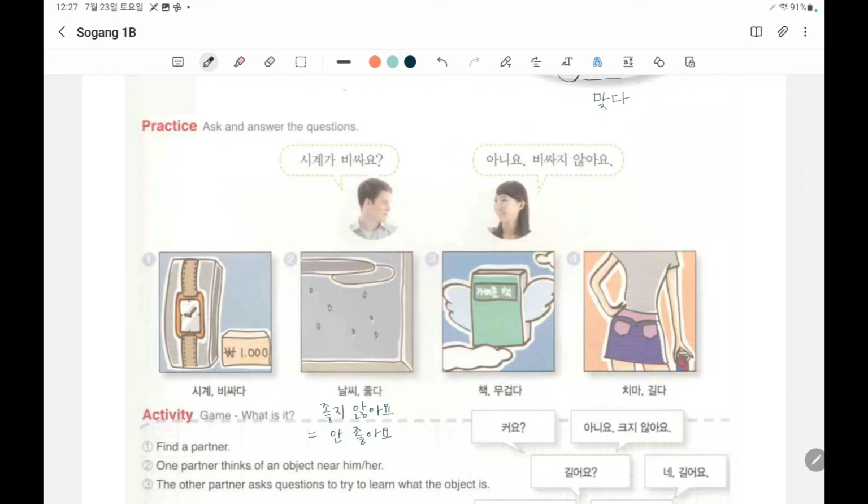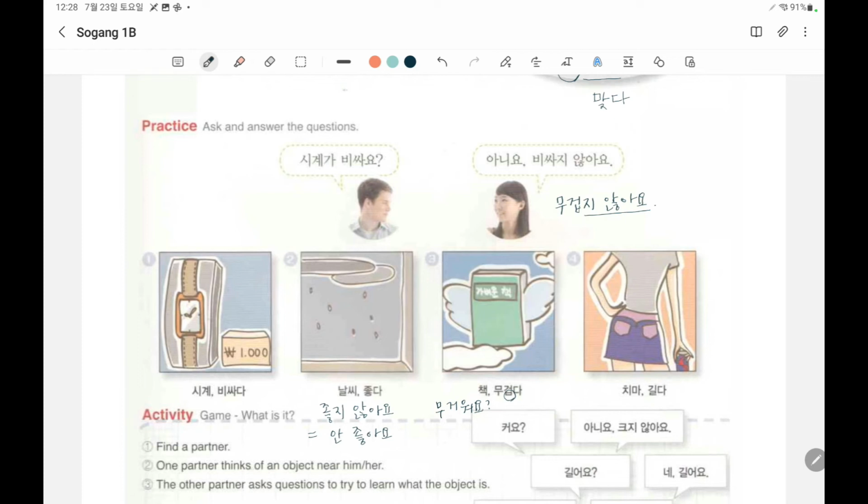자, number three 갑시다. I'm going to ask you, 책이 무거워요? 자, this is irregular, isn't it? 어떻게 말해요? 책이 무거워요? And you're going to say, no, it's not. 어떻게 말해요? 자, this is important. Let me write it here. 자, 아니요, 무겁지 않아요. 자, 지 않아요 doesn't require any further complexity.